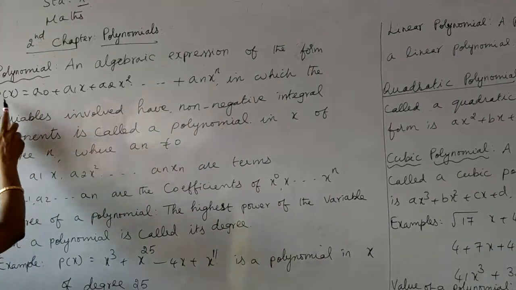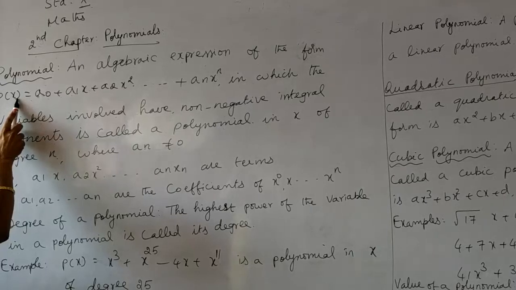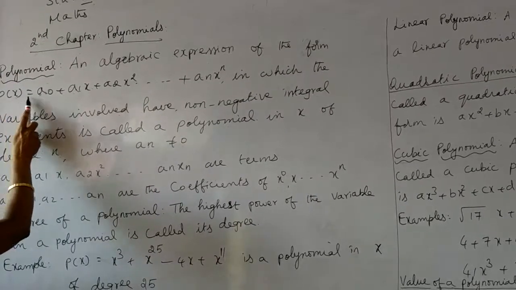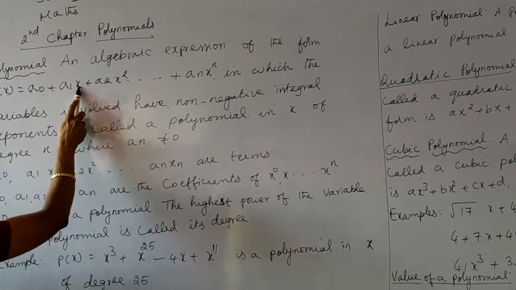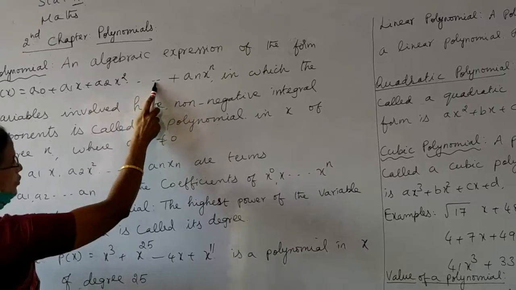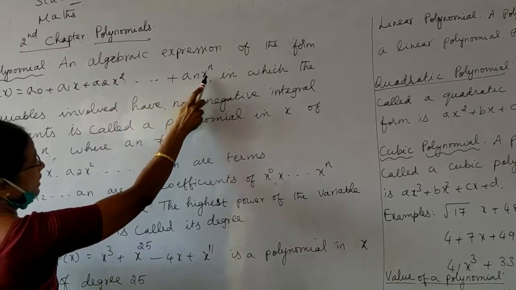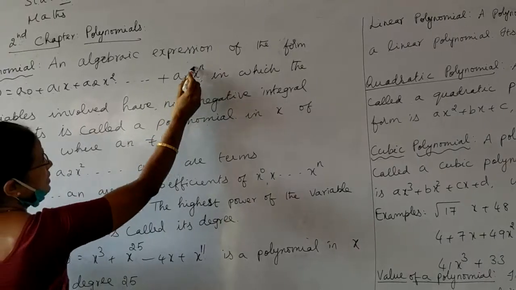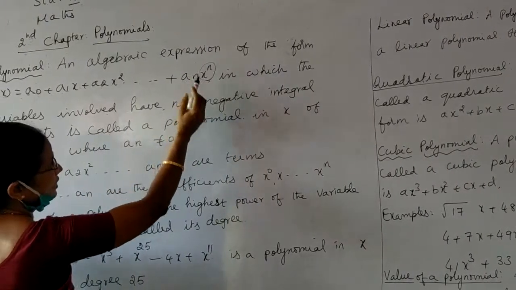So here you can see p(x) is written. It shows that x is the variable we have taken. So the variables are here x, and here it is x square, x cube, x raised to 4, it goes up to x raised to n. So here x raised to n is the highest degree.